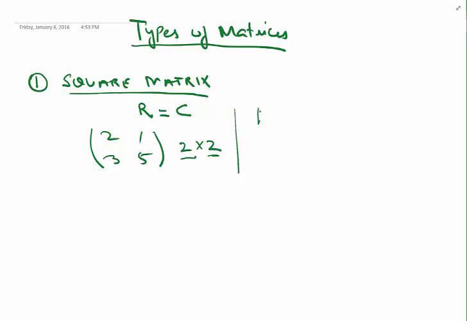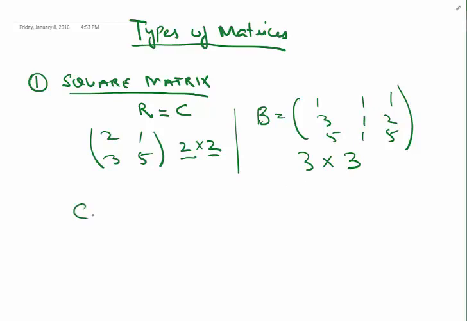Similarly, if we have matrix B as 1, 1, 1, 3, 1, 2, 5, 1, 5, the order of this matrix is 3 by 3. Again, you can say this matrix is a square matrix. Similarly, if we have a matrix with entry 5, since this matrix is 1 by 1, therefore we can say this matrix is a square matrix.